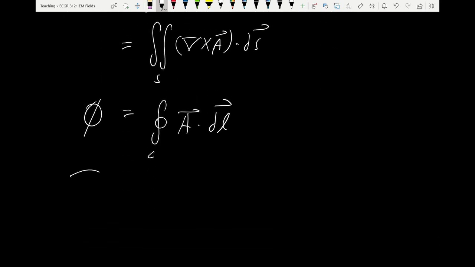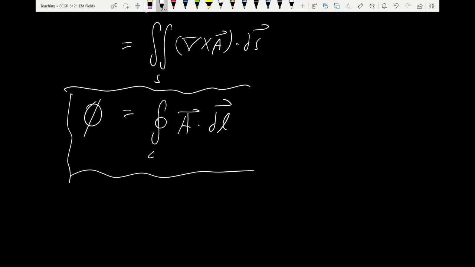That gives you the total flux. So this is the last thing I wanted to say about the magnetic vector potential, and with this we conclude chapter 8.